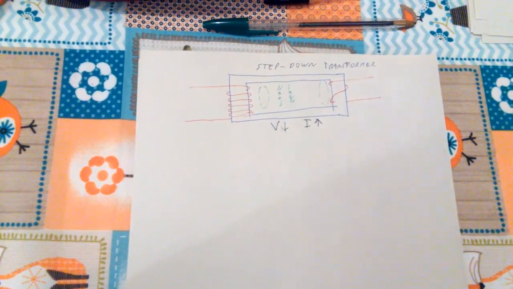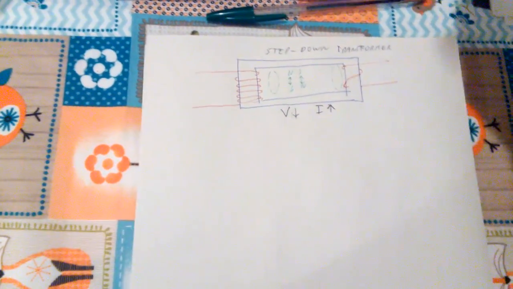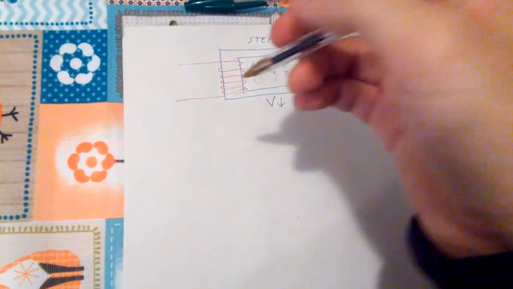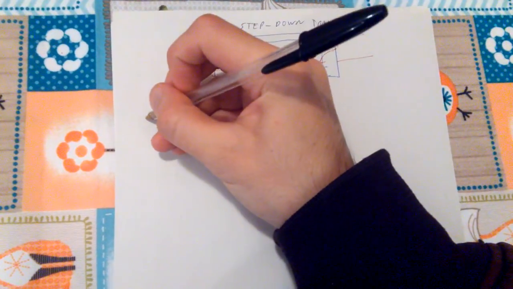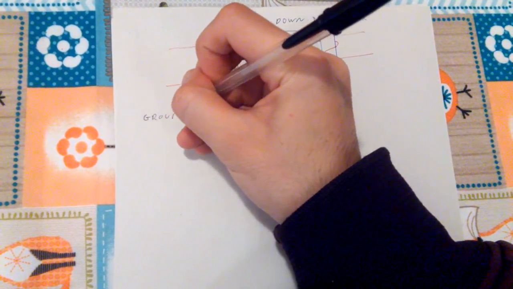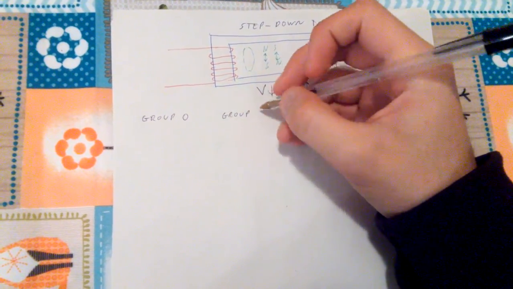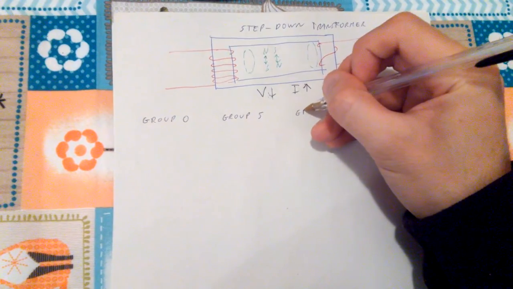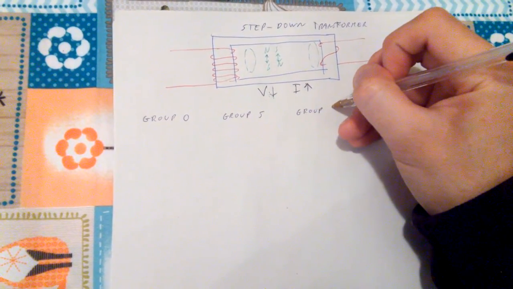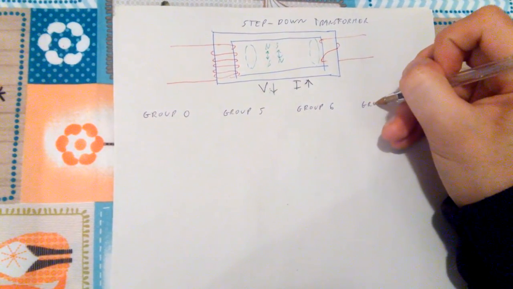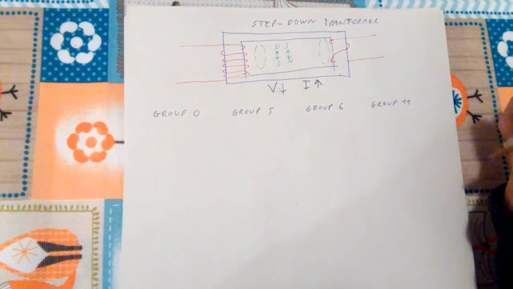Now, as a last thing, I gotta say that there are basically 4 groups of transformer. We have group 0, group 5, group 6, and group 11.